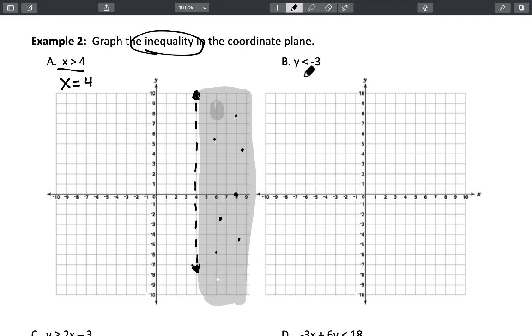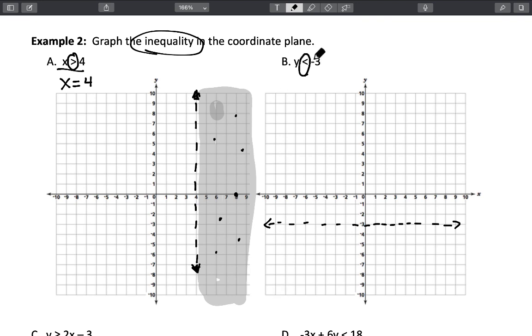Next, we're going to graph the inequality y is less than -3. You're starting to see that when you have just the greater than or the less than symbol, you're going to use a dotted line. So I want all the y's less than -3. We're going to put our horizontal dotted line that goes right through -3 on the y-axis.